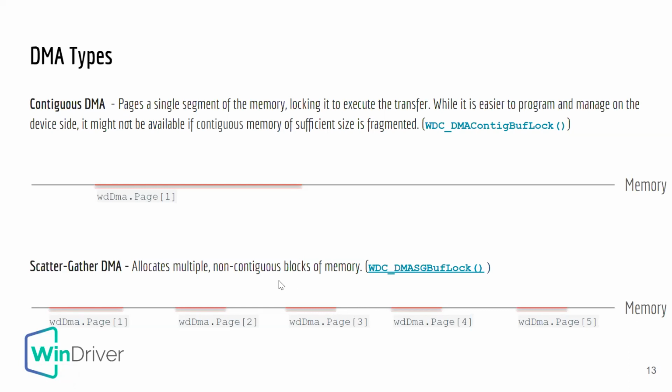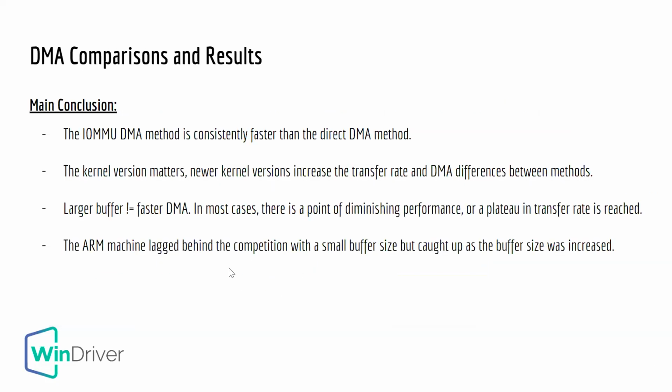If you want to test your device, you can perform research and see what works best for it. So after we talked about the framework, the components, the DMA types and the DMA methods, let's talk about the research.